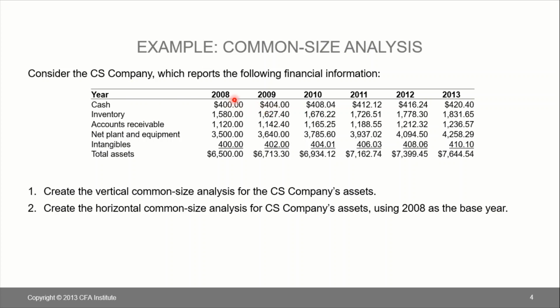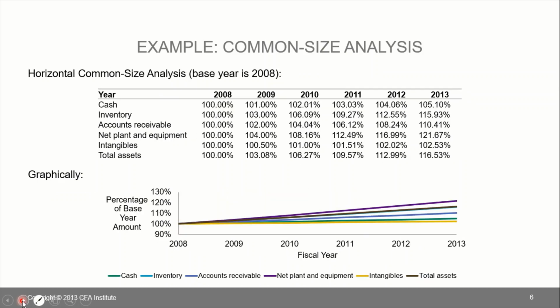Okay? So ilang percent yung change? So from 404 to 408, ilang percent? 408 to 412, ilang percent? 412 to 416, so on and so forth. So you're looking at the percent change per year. So that is the difference of vertical and horizontal analysis.